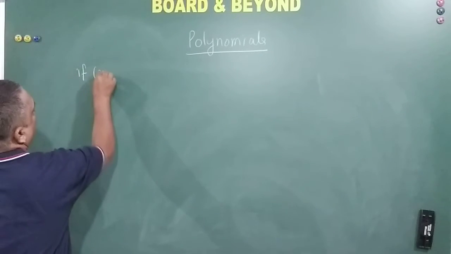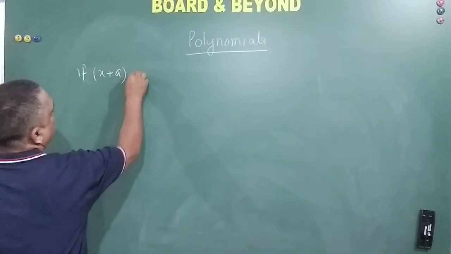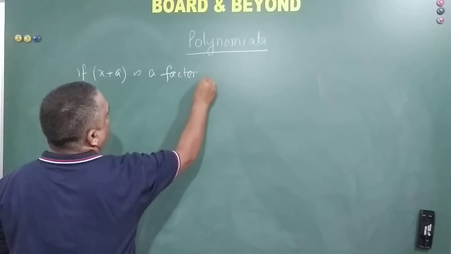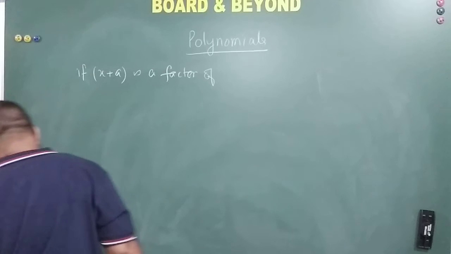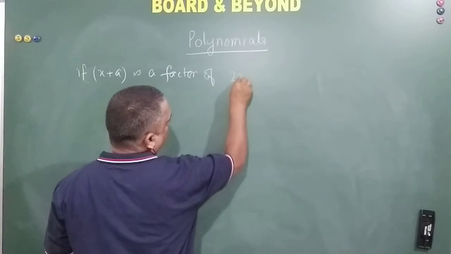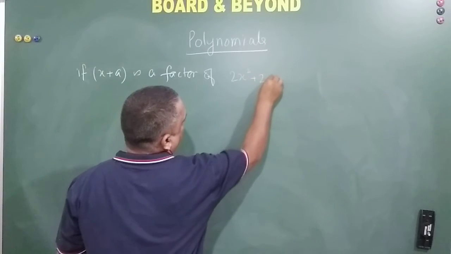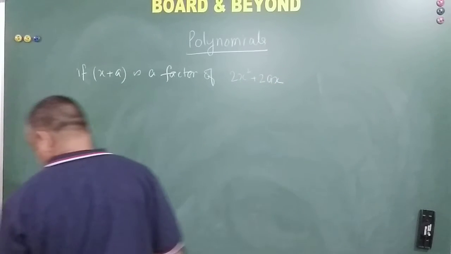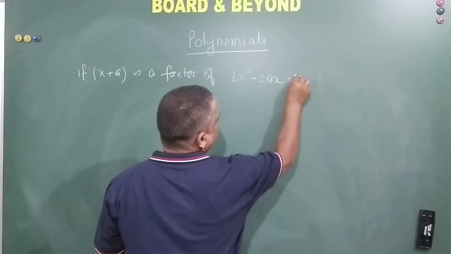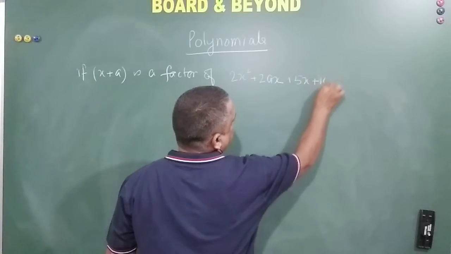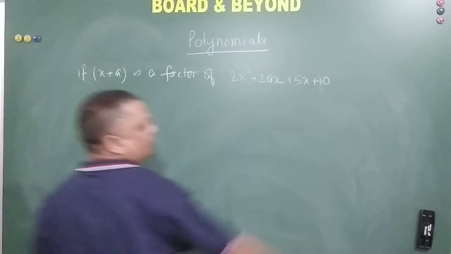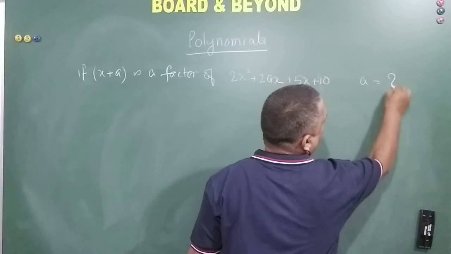If x plus a is a factor of 2x square plus 2ax plus 5x plus 10, we should find out the value of a. Find the value of a. A is equal to how much?